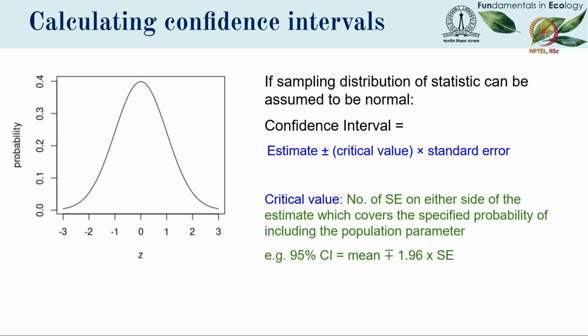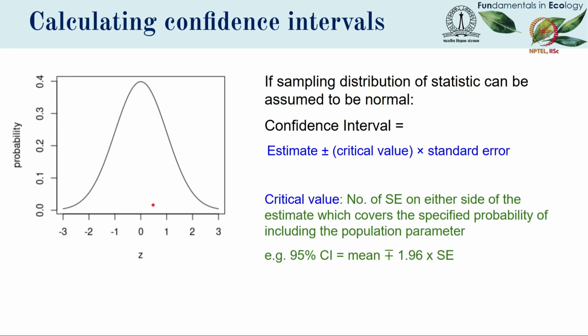So, we know, for example, in the standard normal distribution, which is what is shown here, where you have a mean of 0 and a standard deviation of 1, that approximately 1.96 standard deviations on either side of the mean covers 95% of the area under the normal probability curve.